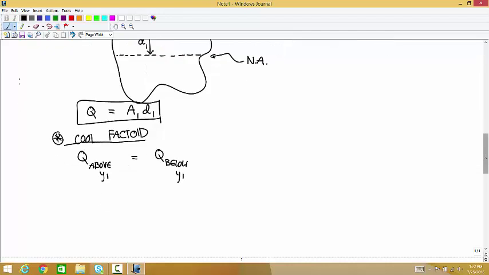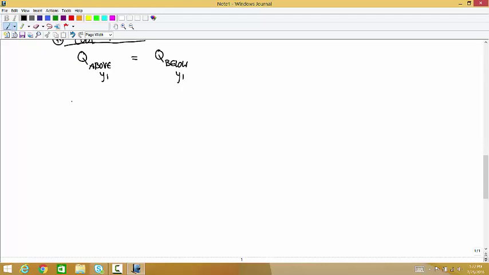Okay, so let's do an example of this calculation. So let's say we have a cross section that's 1 meter high, has a width of half a meter.